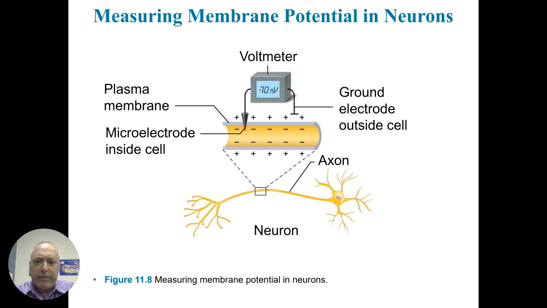These are one of the most hyperpolarized cells in the body. And so what we can do is insert electrodes, place them outside, and insert them in the axon and measure the difference in potential that occurs with the action potentials. As the action potentials travel down the axon, you'll see a change in potential with your voltmeter.